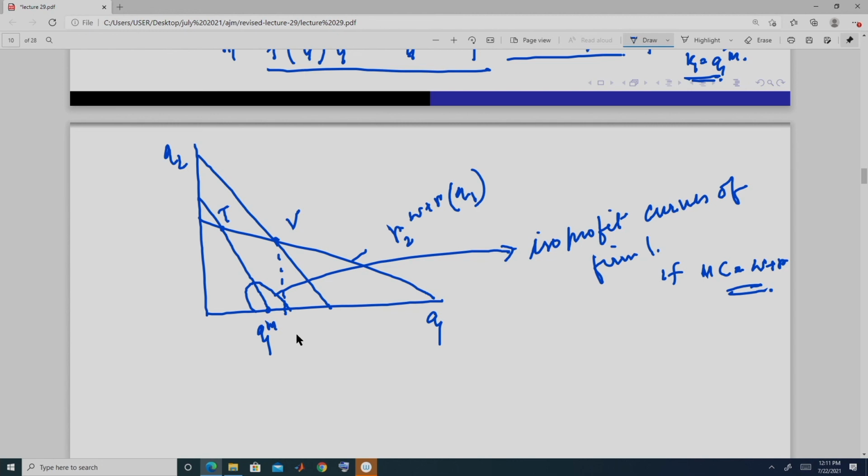If it does not have excess capacity, then at the optimal point this is equal to this, if we are always going to have full utilization.